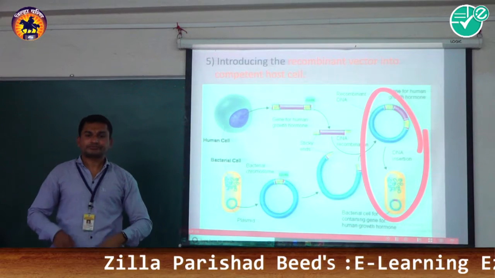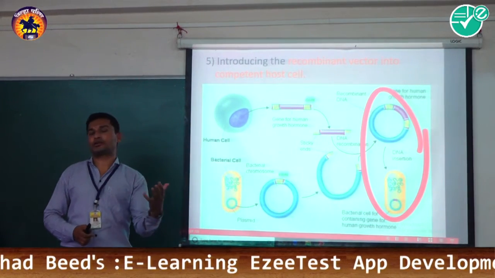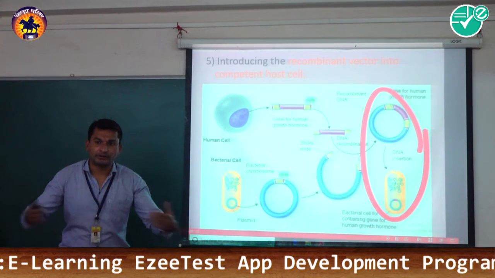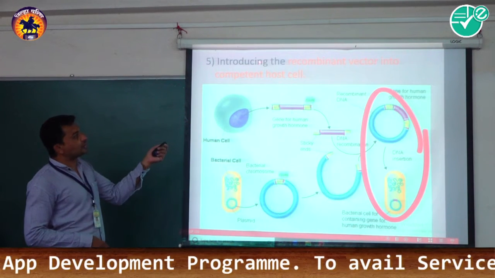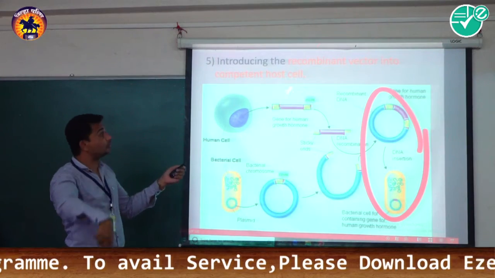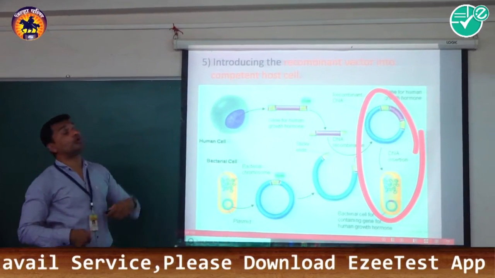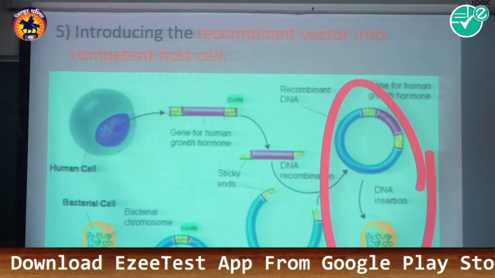After making the number of copies by using the cloning vector, now what to do? We have to introduce that desired gene into another host. What is the host? Another living cell, maybe bacteria.